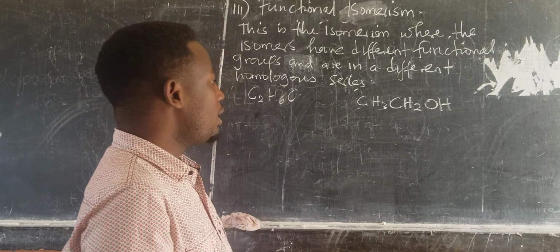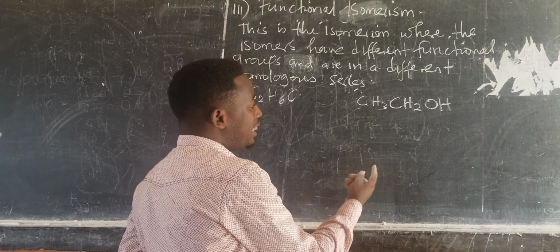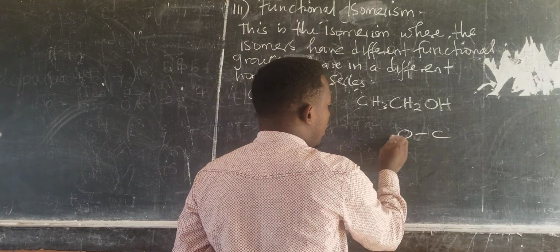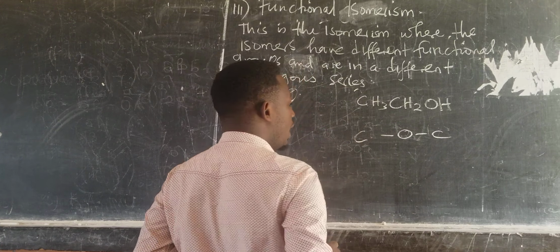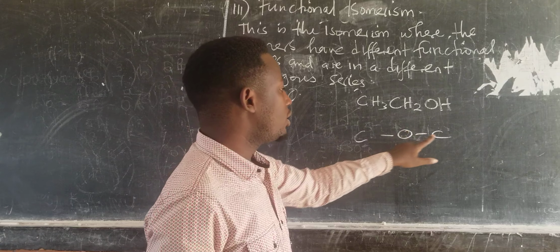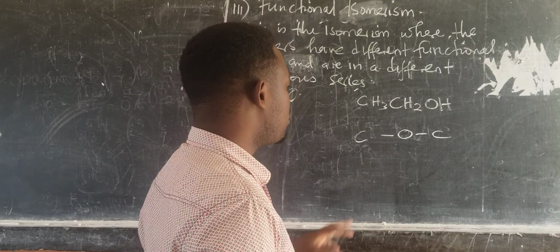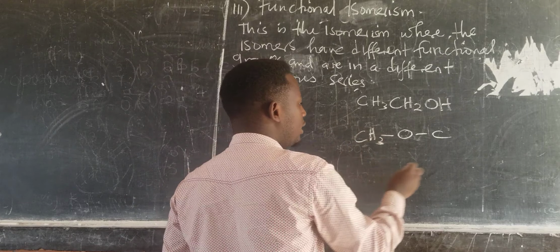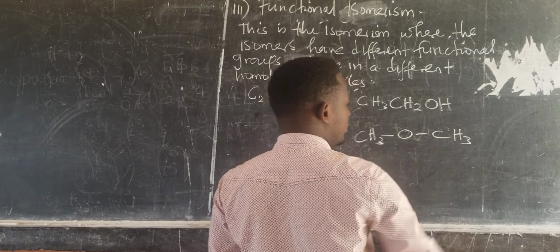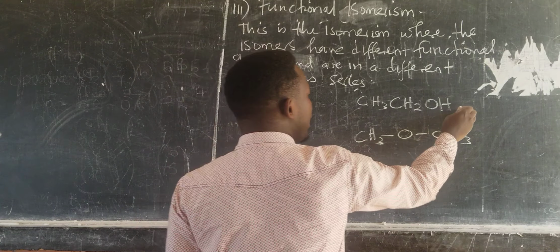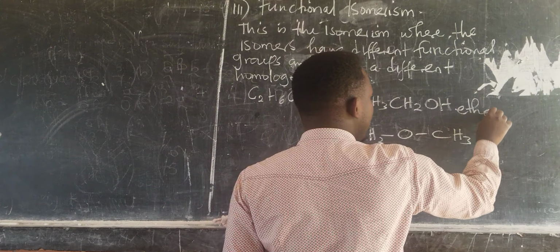It can also be an ether. For an ether, the functional group is that there must be carbon atoms attached to the oxygen. So the oxygen shares 2 carbon atoms. That is the functional group for ether. So I can create here CH3 and then also here CH3. Of course, this one my naming is called ethanol.